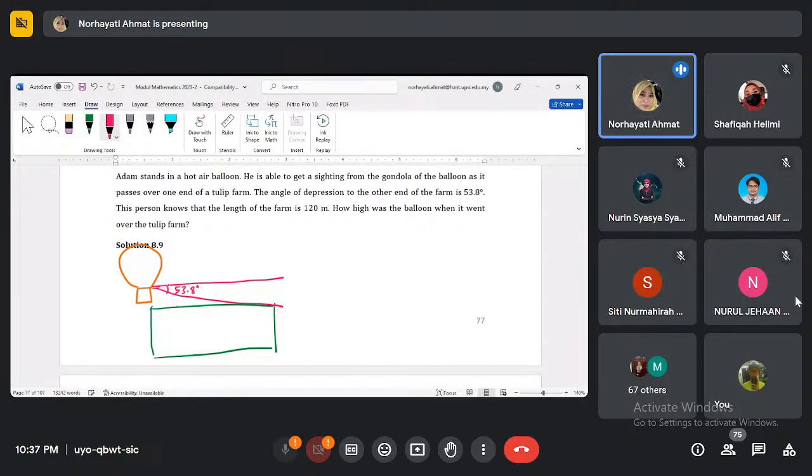This person knows that the length of the farm is 120 meter. Panjang kebun tu, tulip farm, adalah 120 meter. Kat mana nak letak 120 meter? Kat sini lah, 120 meter. Ni pun samalah 120 meter.